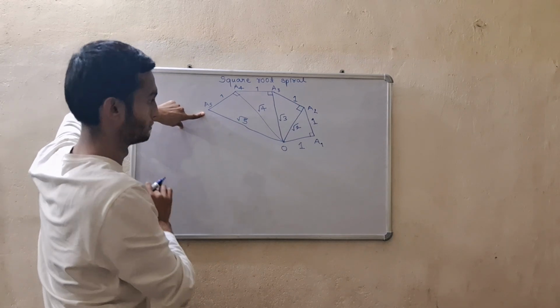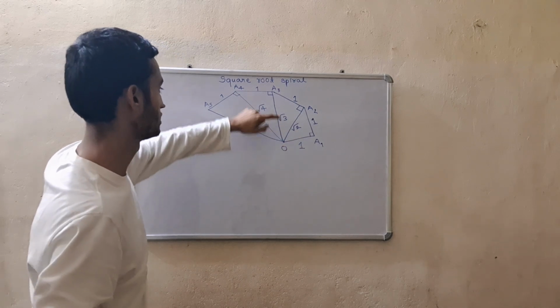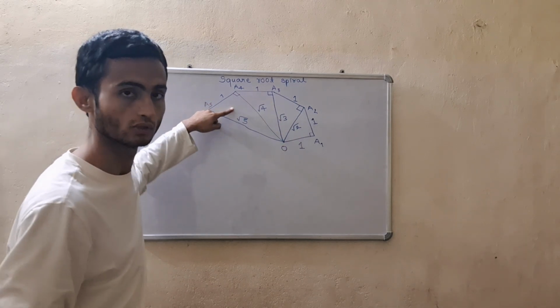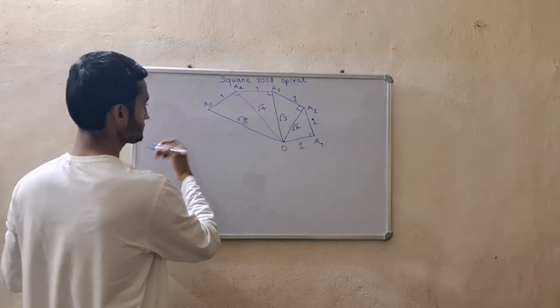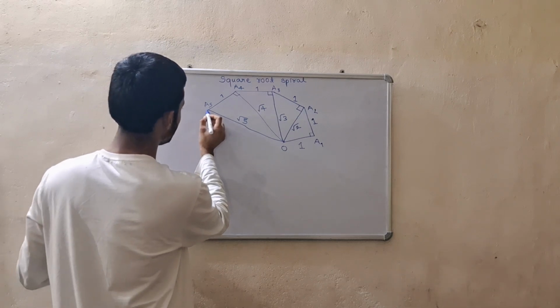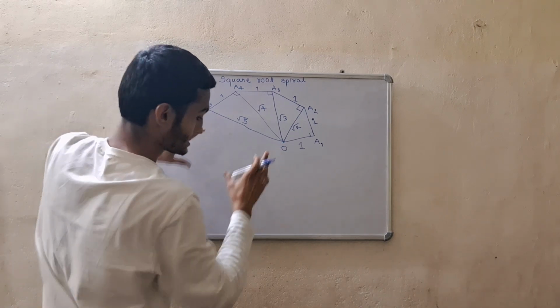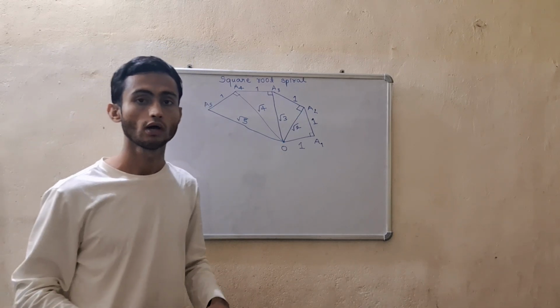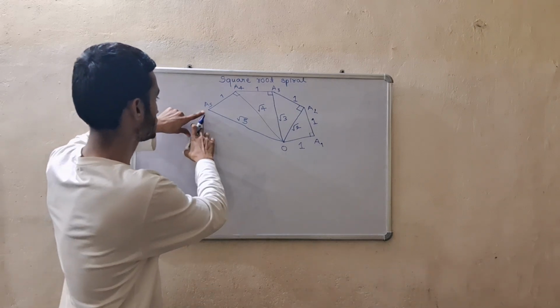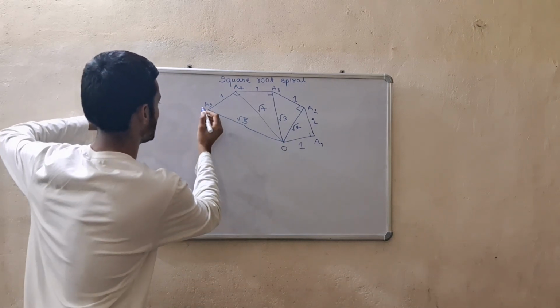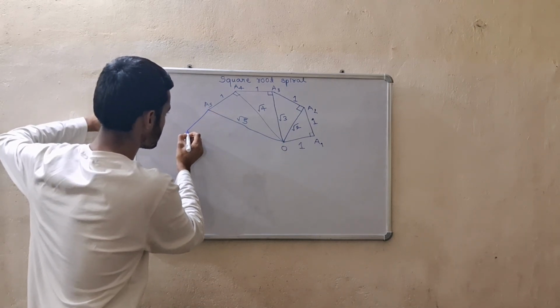And this is irrational. This is irrational, this is irrational, and this one is also irrational. And again, taking this hypotenuse as a base, we are going to draw a line segment perpendicular to OA5, like this.